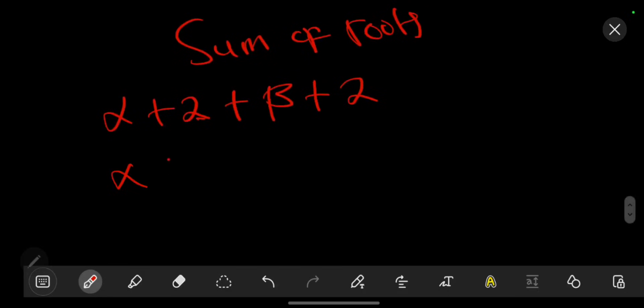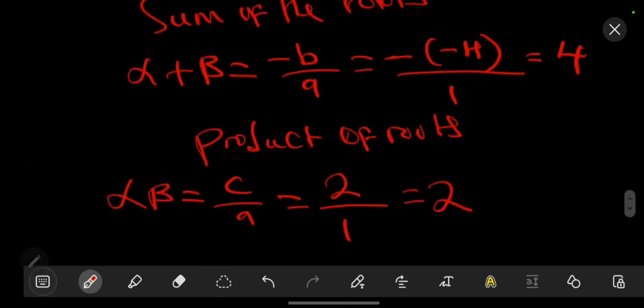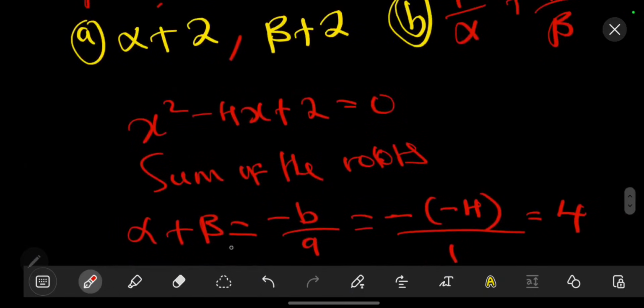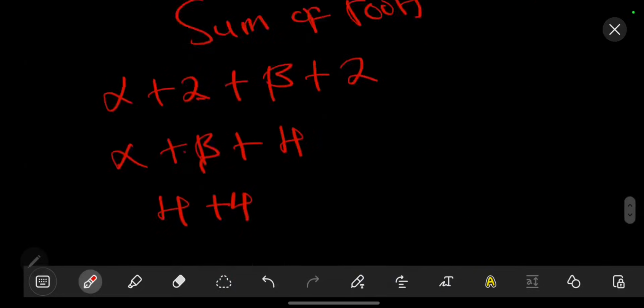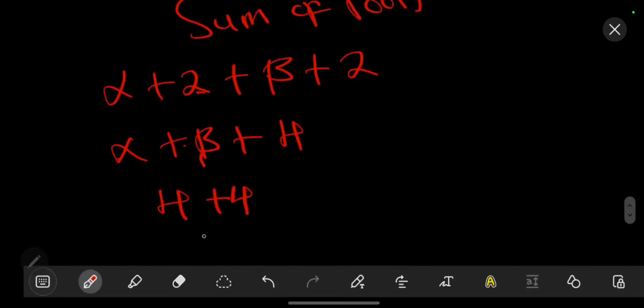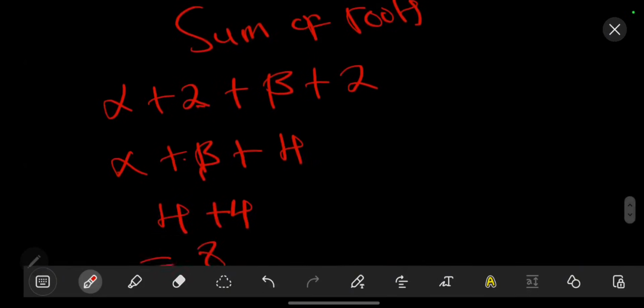So we have alpha plus beta plus 4. Wherever we see alpha plus beta, it is equal to the 4 that we found, then we have plus 4. So 4 plus 4 gives us 8.